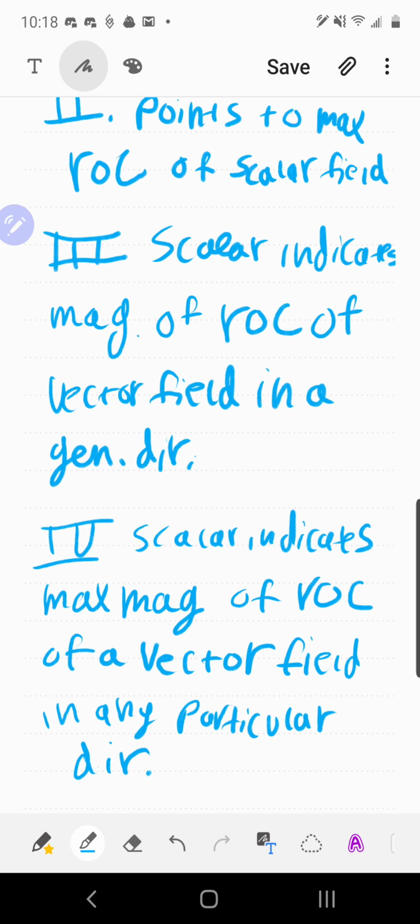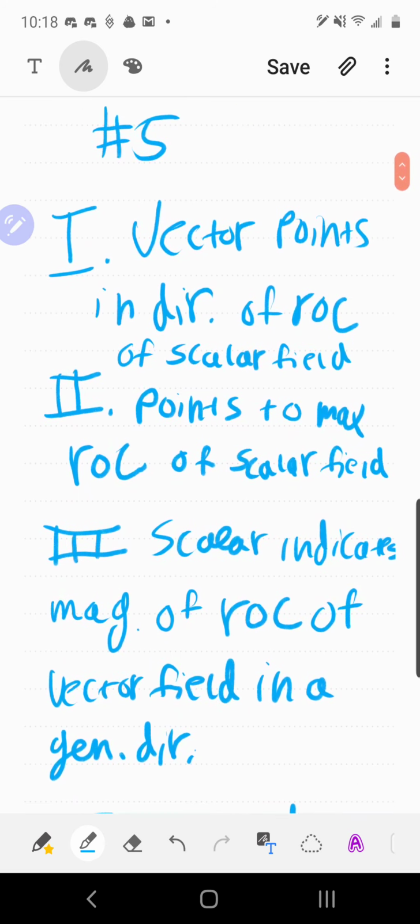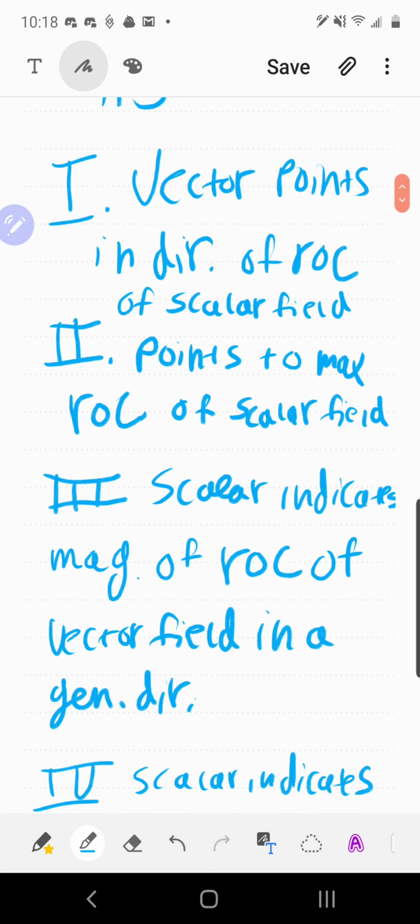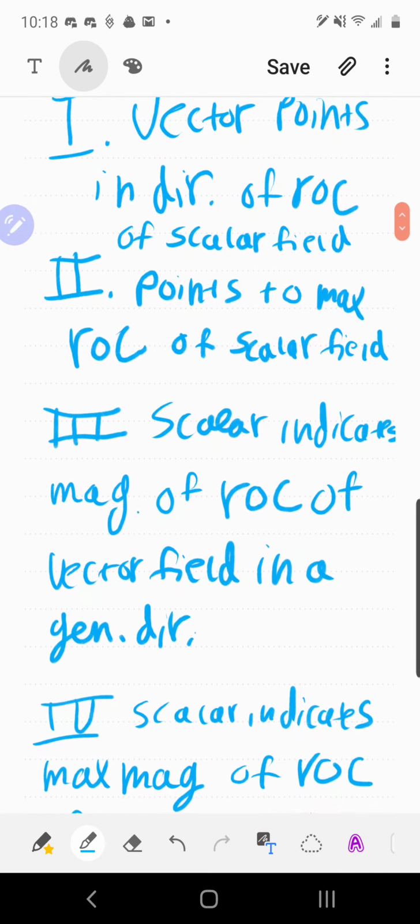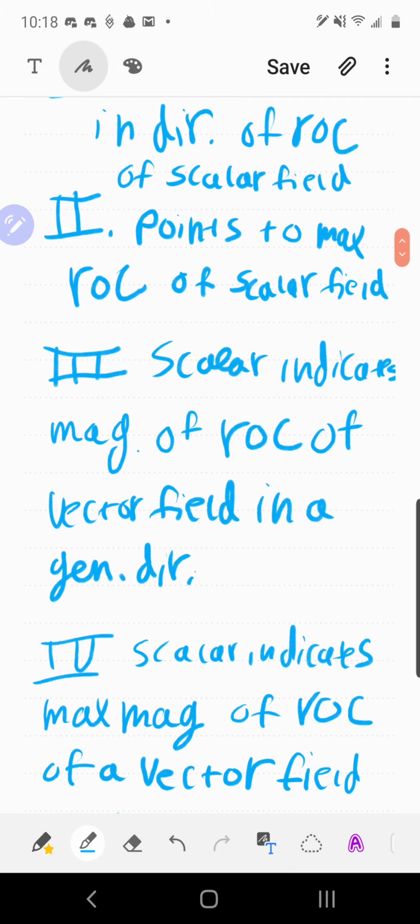All right, so our different choices here: A is 1 only, B is 2 only, C is 1 and 3, and D is 2 and 4. Okay, so right off the bat we can see that 1 and 2 say very similar things with a very small difference.